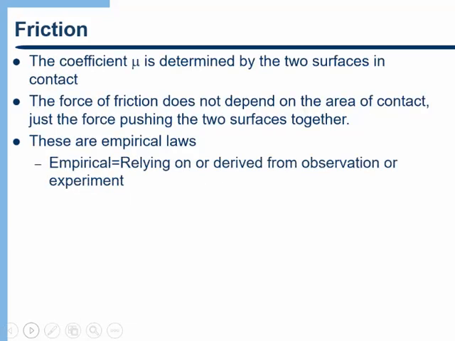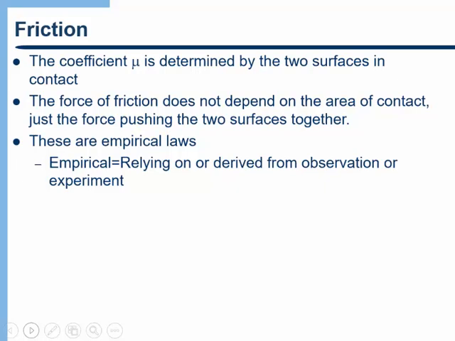So what is the coefficient of friction? Well, again, it's the ratio of the force of friction to the normal force. And it has to be determined for any two surfaces that you're interested in. So if I want to see what is the force of friction between a wood block and the table, well, that's going to be different than if I take a different object and put it on the table. And therefore, if we want to determine the coefficient of friction, we need to do it experimentally.